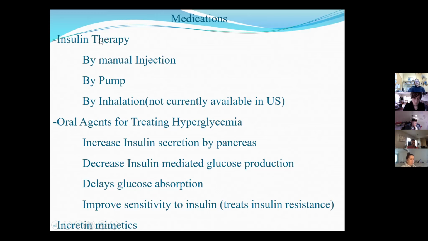So insulin can be given by manual injection. It can also be given by a pump, where an insulin pump is worn or potentially implanted.